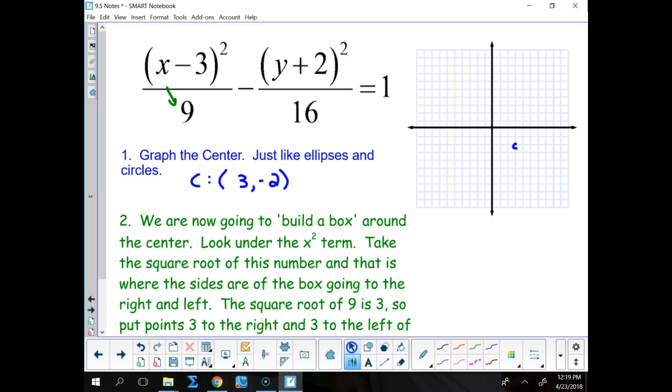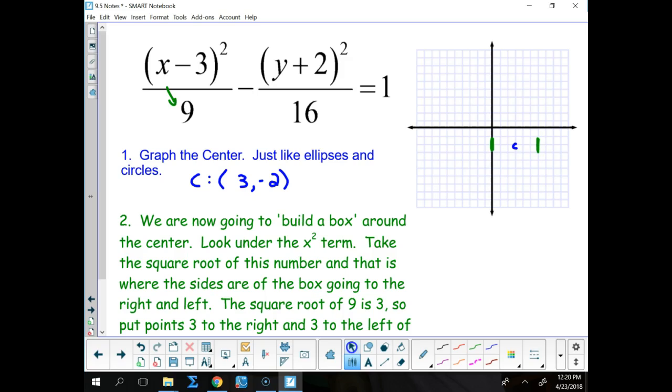That means I'm going to go 3 to the left and 3 to the right. But I'm not going to put dots now. Now I'm just going to draw part of a wall. I'll fill in the rest of that wall in a minute.